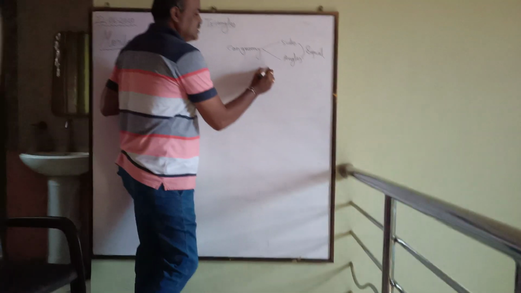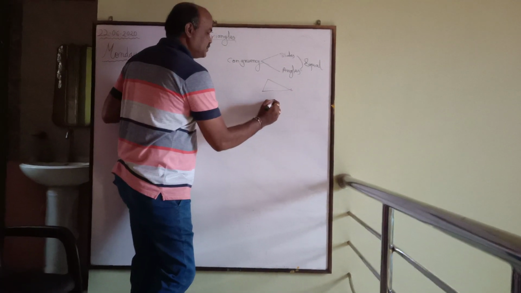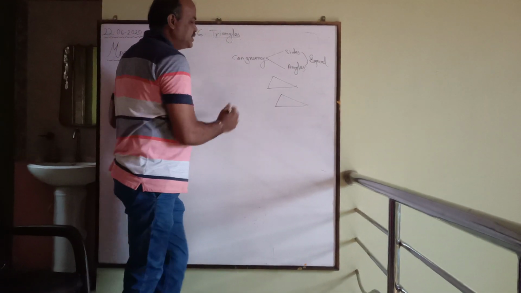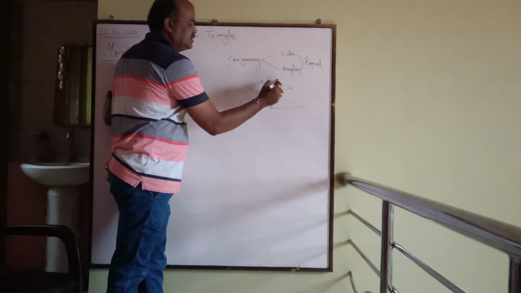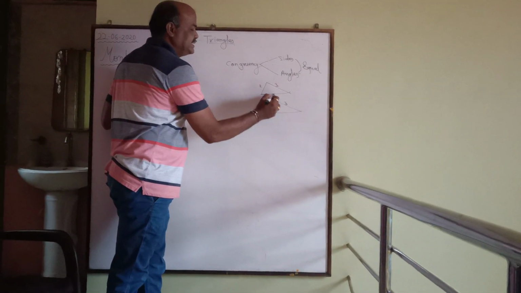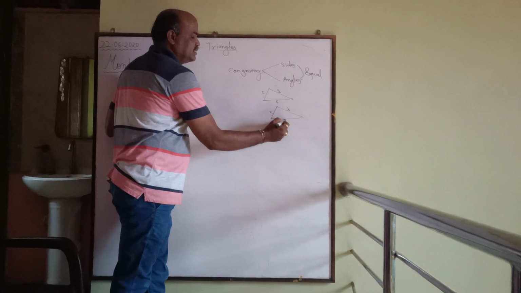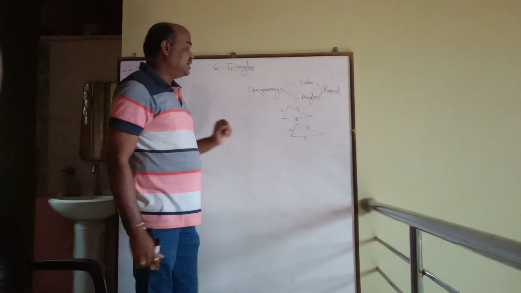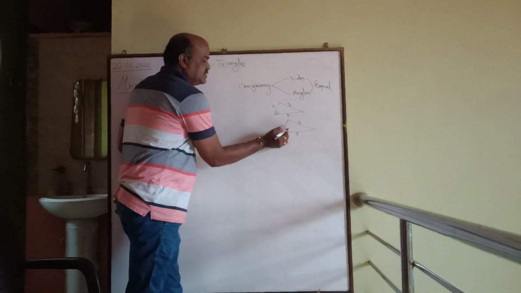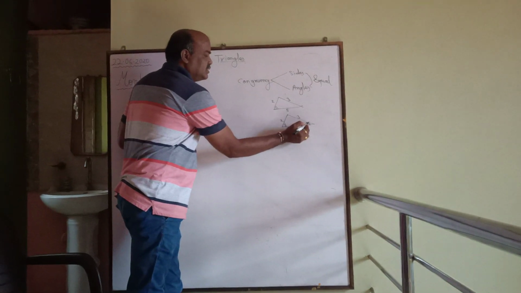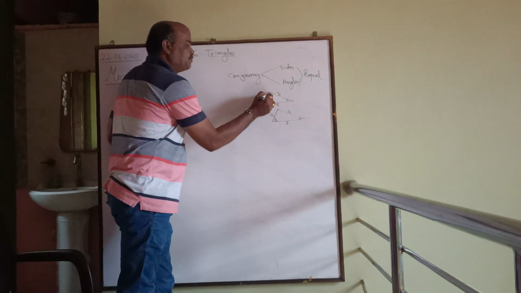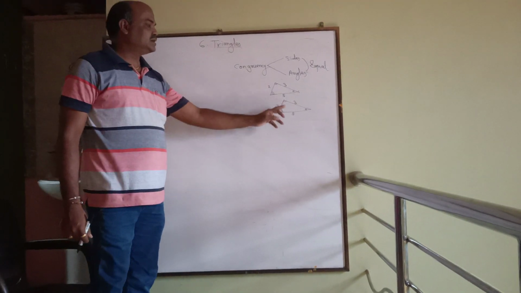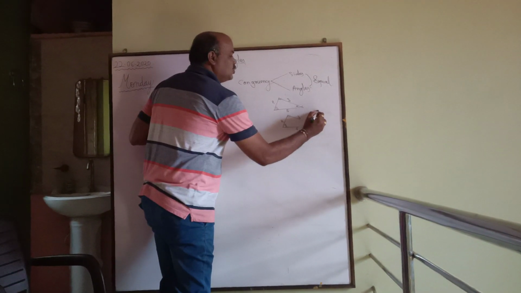In such two triangles, we know that if the corresponding sides are equal and the corresponding angles are also equal, then the two triangles are said to be congruent triangles.